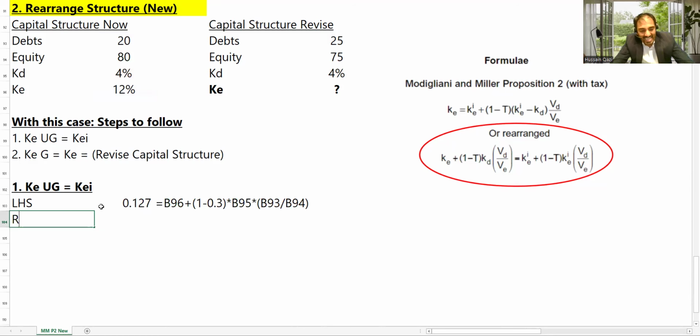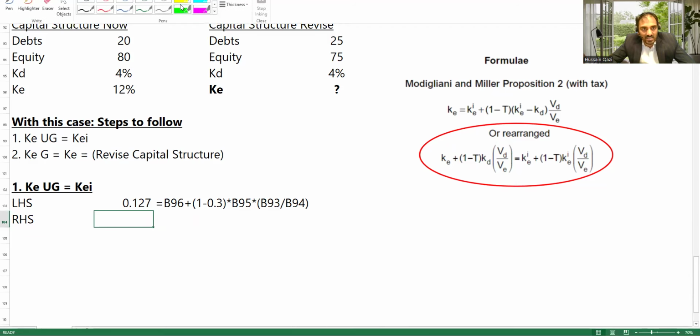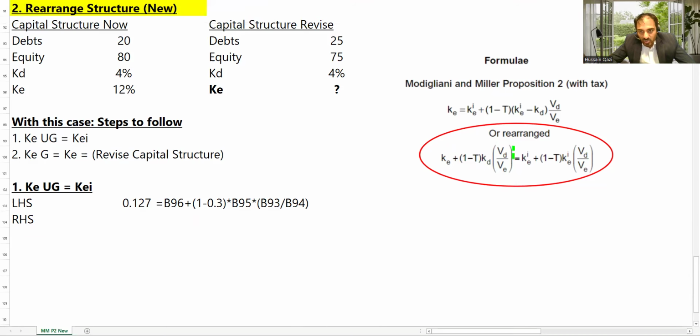And then calculate the right hand side. Listen carefully. We have done the left hand side, this portion.